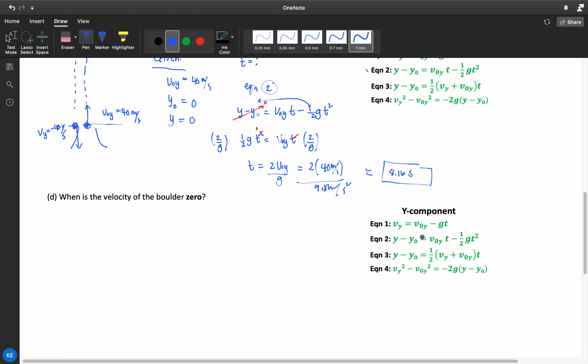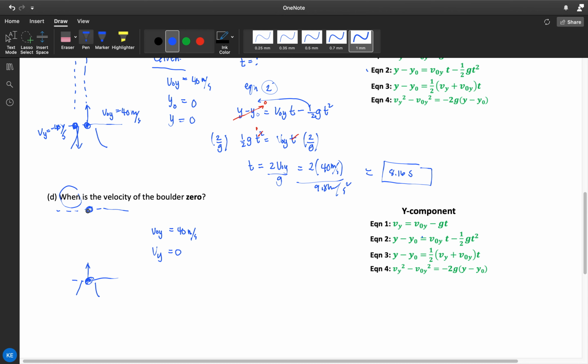And next, when is the velocity of the boulder 0? So, kanusa, at what time mahimo ang velocity sa bato nga 0? So, take note nga ma-0 ang final velocity at the maximum height. So, it's asking for time again. Okay, so here, again, I repeat, the boulder is being fired at an initial velocity of 40 meters per second with a final velocity of 0.